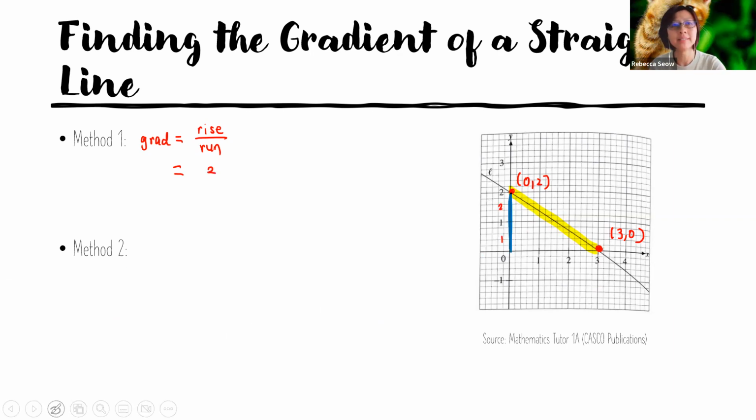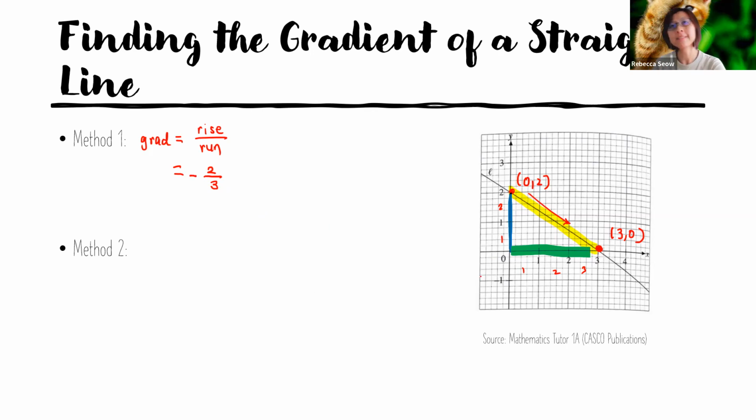And my run, how many units? 3 units. So 2 out of 3. And before that, I will have to consider whether this is a slope that goes upwards or downwards. It is, from left to right, downward sloping. So therefore, there is a negative gradient involved.